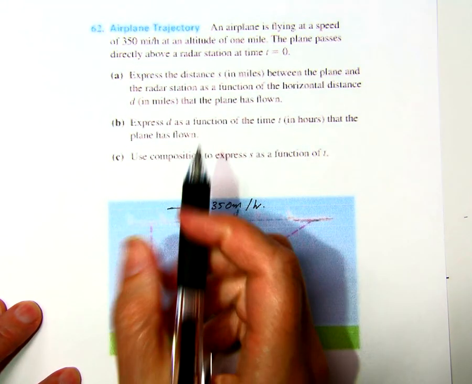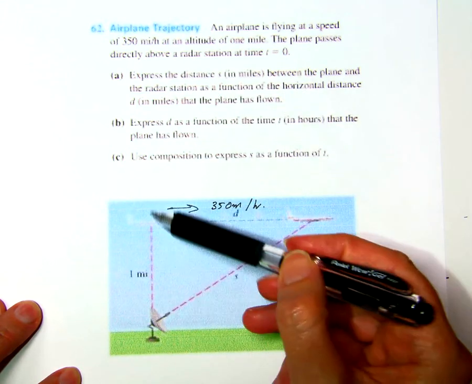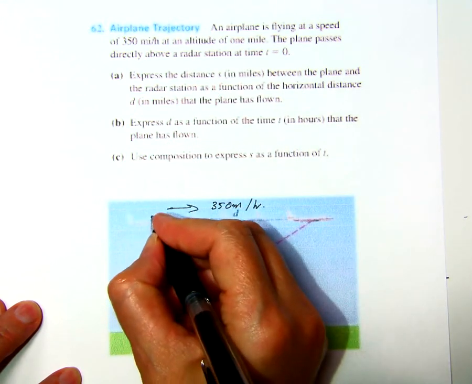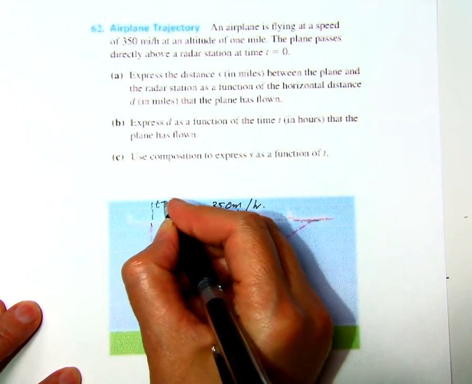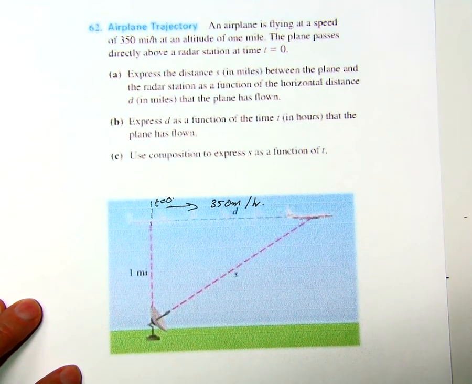And the plane passes directly above the radar station at the time we start counting, so t is 0 when the plane is directly above the radar station.